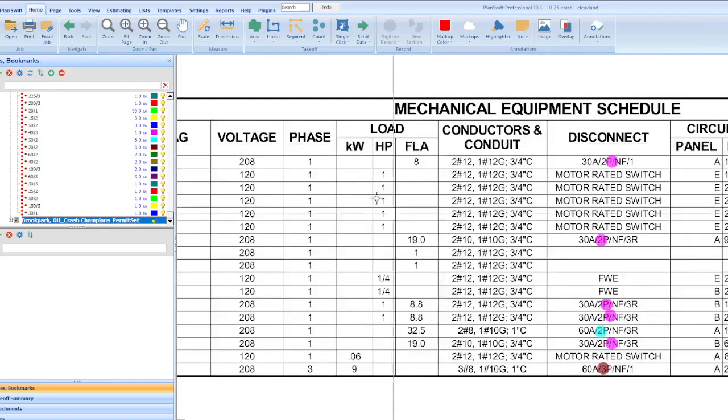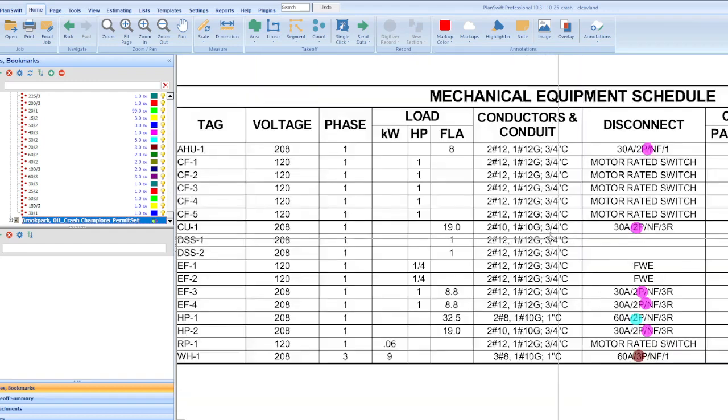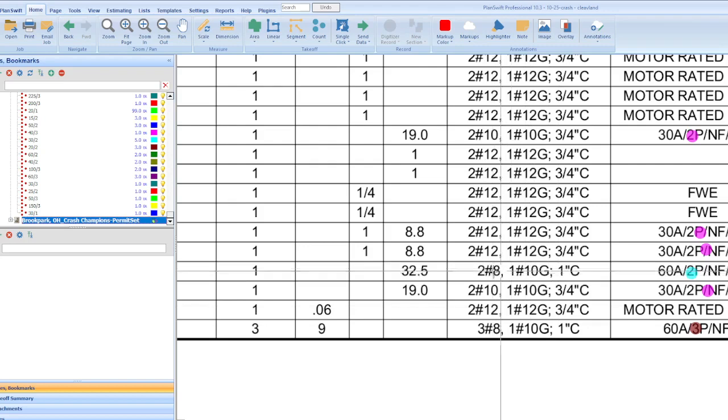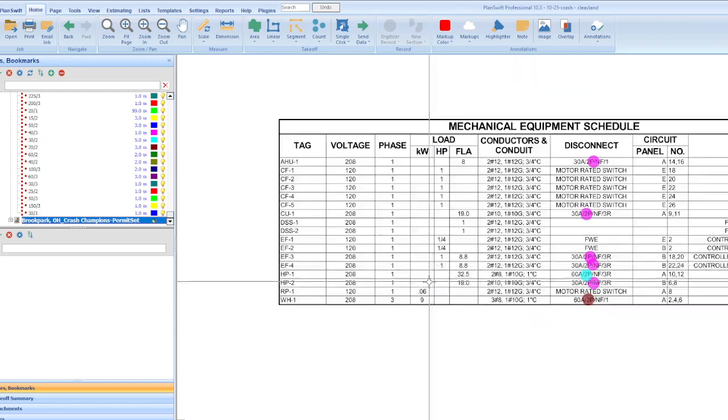Okay, so mechanical equipment, you want to make sure you know any of the home runs that are not all just number 12. Pull that out, make sure you know where that is, and run it to the proper panel. So you'll have all of the wire configurations, number 8s, number 10s. Everything's not always 3 number 12s, depending on the piece of equipment.